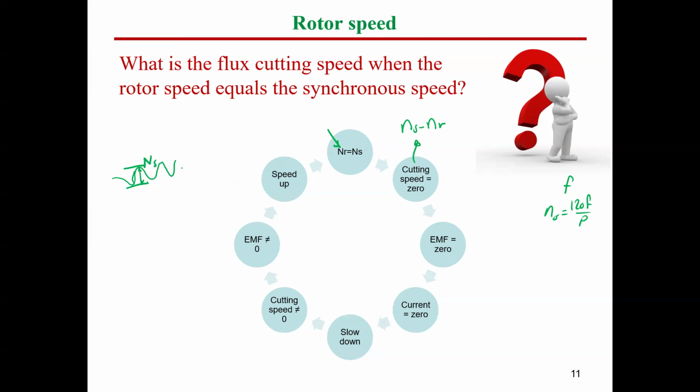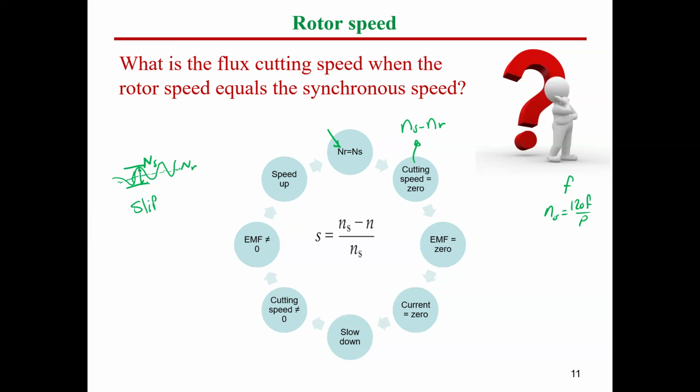In order to get a fixed number, we will express the average speed as a function of something between the band we have here, which we are going to call slip. Physically, this slip is one half of the distance between ns and this lower speed. And the average speed here is called nr, which is the rotor speed.